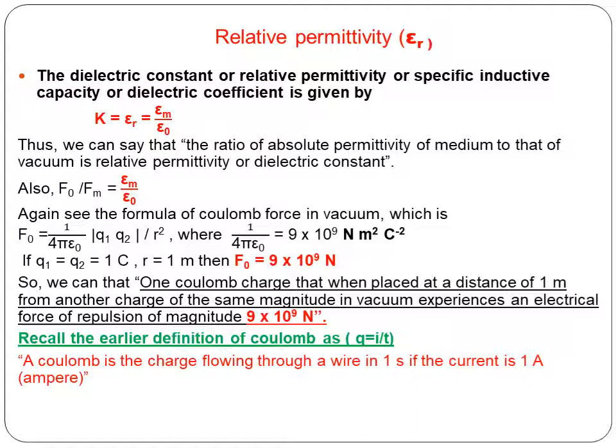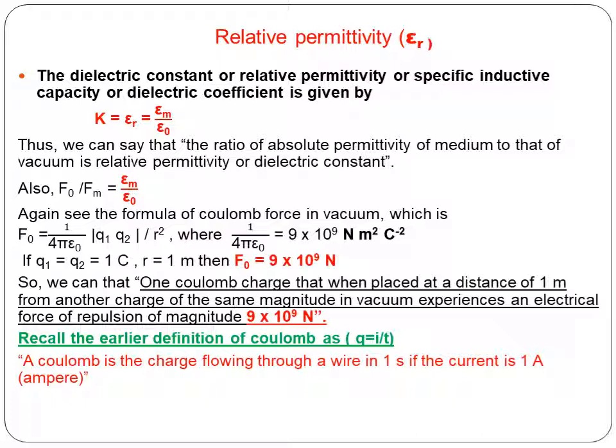Now we can define 1 Coulomb charge. One Coulomb charge, when placed at a distance of 1 meter from another charge of the same magnitude in vacuum, experiences an electric force of repulsion of magnitude 9 into 10 to the power 9 Newton.